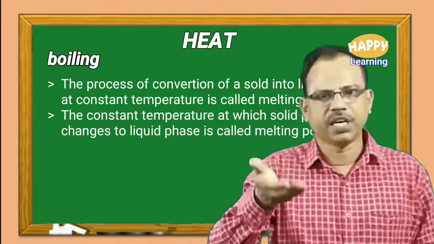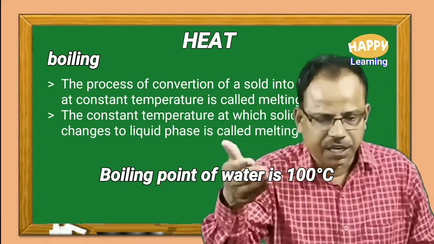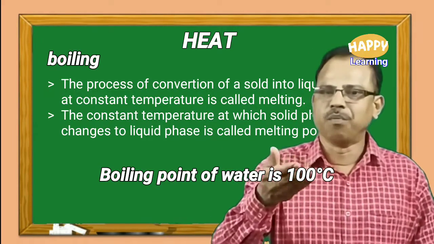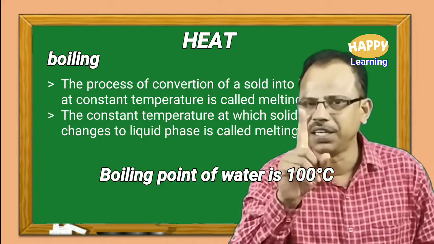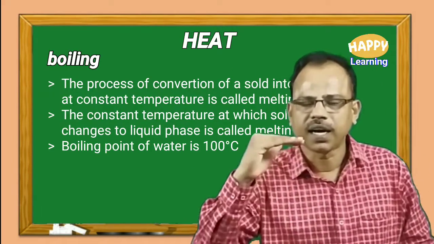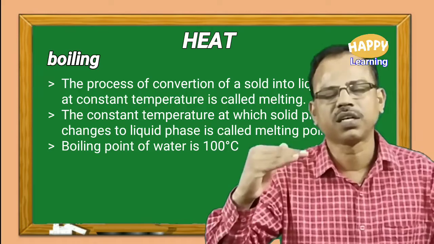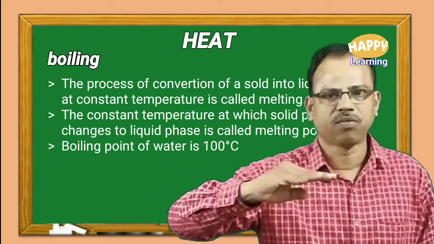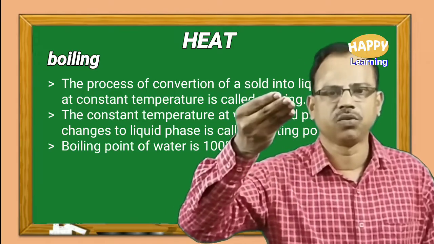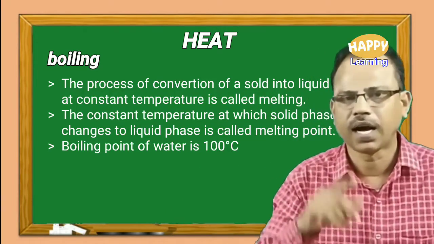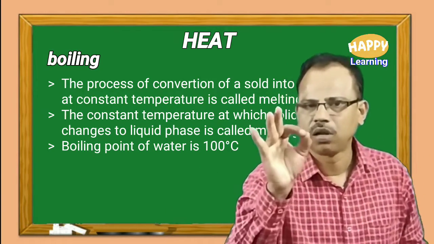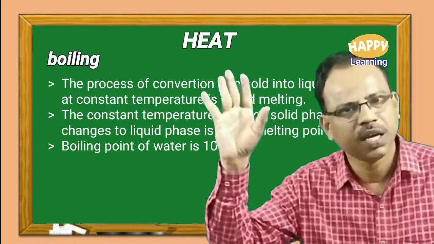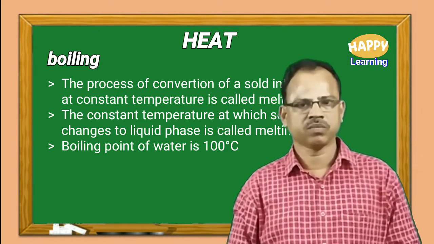So boiling point refers to a temperature. In case of water, the boiling point is 100 degrees Celsius. At 100 degrees Celsius, water started converting into vapor. So the liquid form of water started converting into gas form, that is vapor, at 100 degrees Celsius. Therefore, boiling point of water is 100 degrees Celsius.